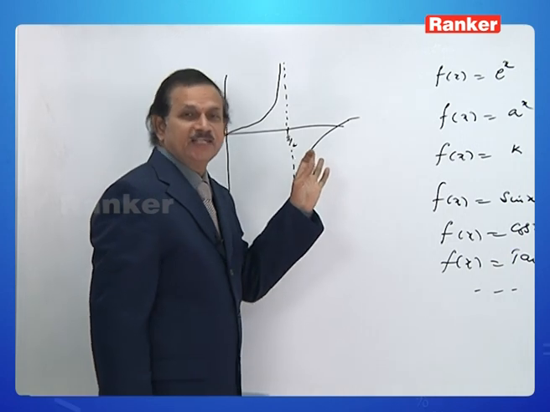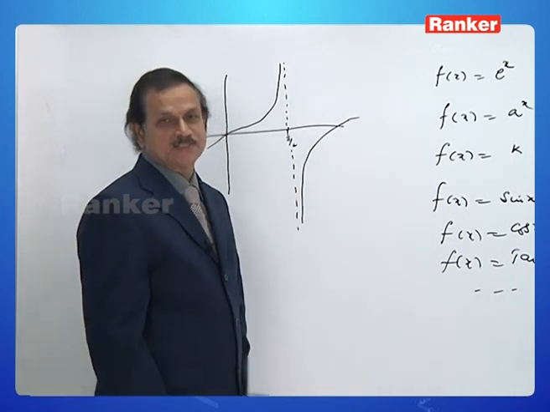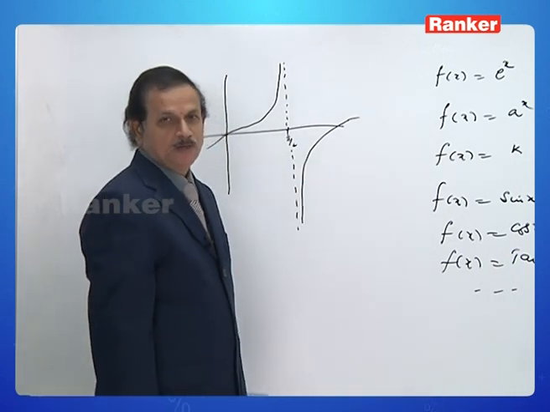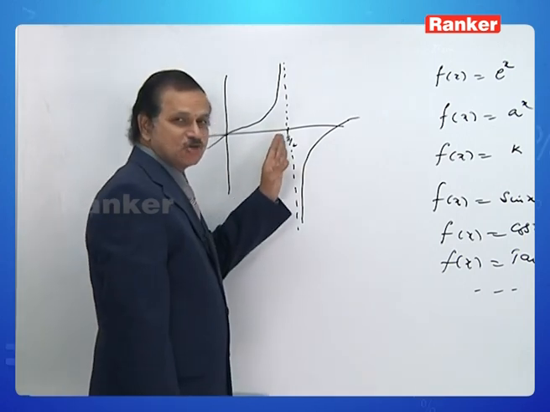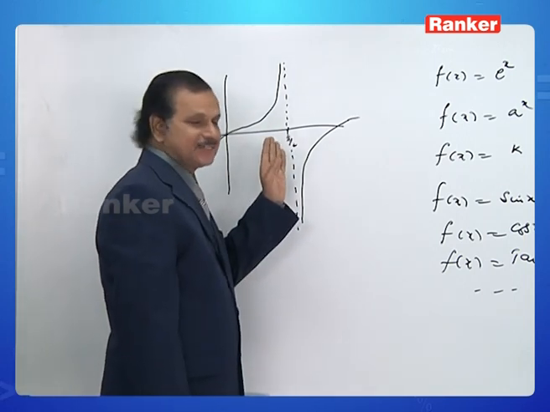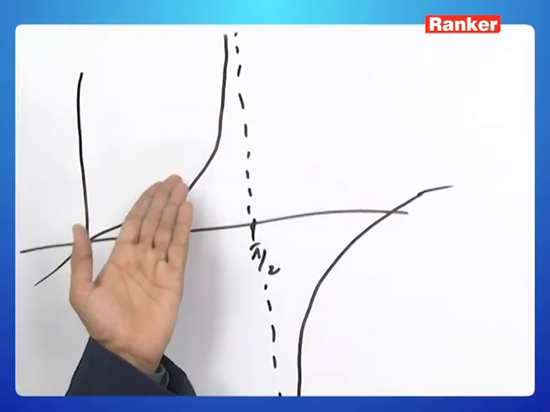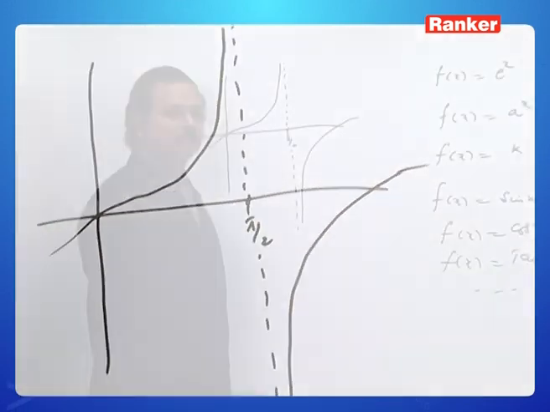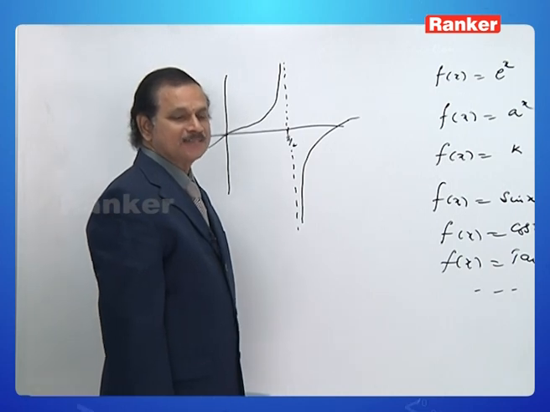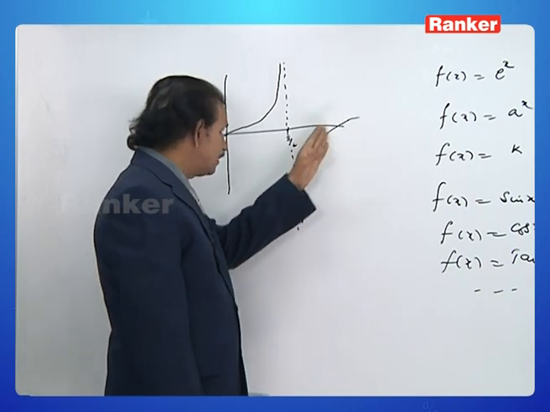Very first thing is the function is not defined at x equal to pi by 2. Moreover, if x tends to pi by 2 from left and you consider the limit, it is plus infinity. You observe the graph, it goes up. If you observe the limit as x tends to pi by 2 from right of tan x, it is minus infinity.